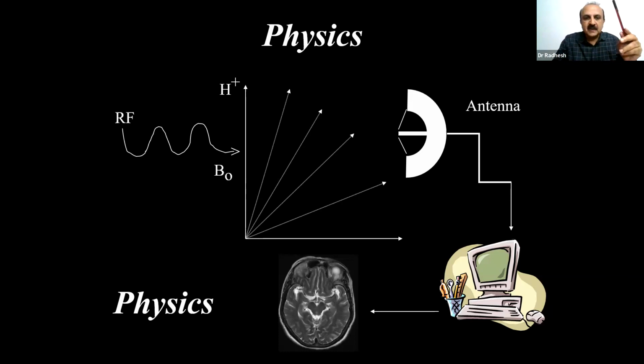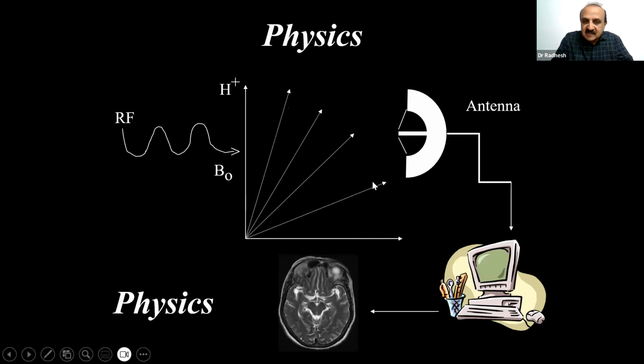Now, if you look at the figure, the hydrogen proton is here, the radio frequency has tipped it to the horizontal plane, and I take out the RF. I bombard it with RF, radio frequency, and take out the radio frequency. So the hydrogen proton gives the energy back to the surrounding area and starts coming back to its equilibrium point.